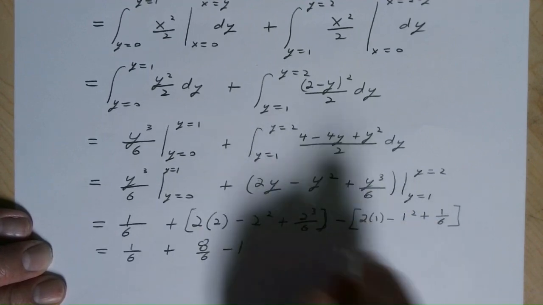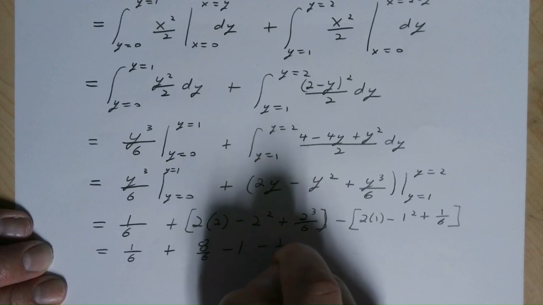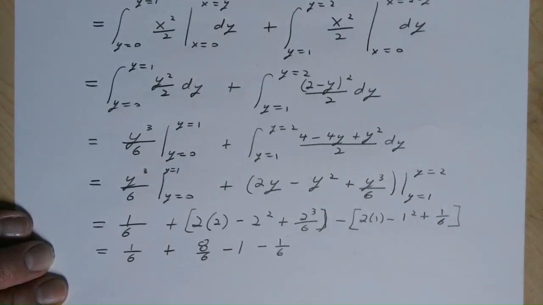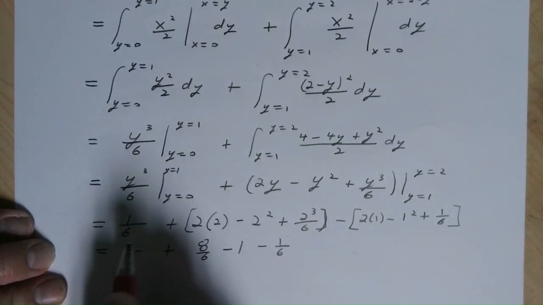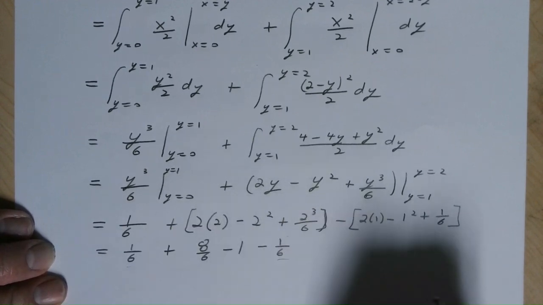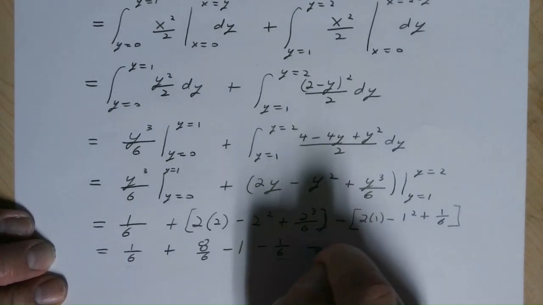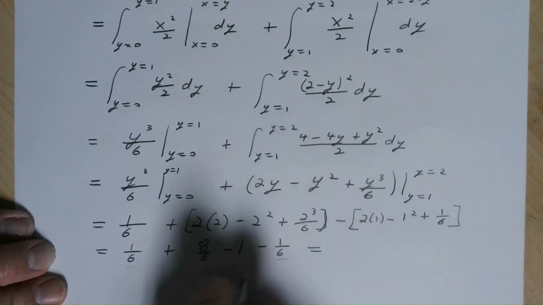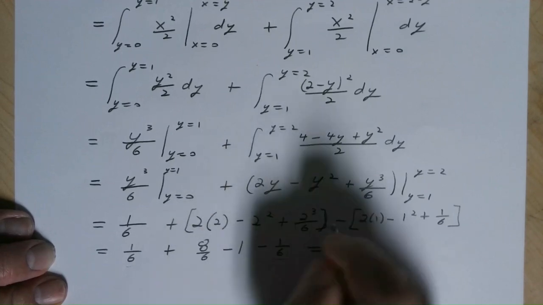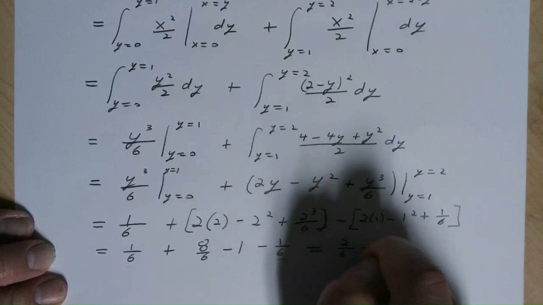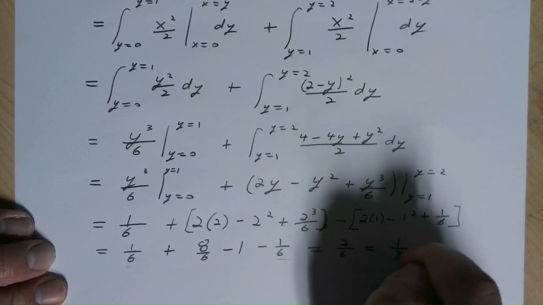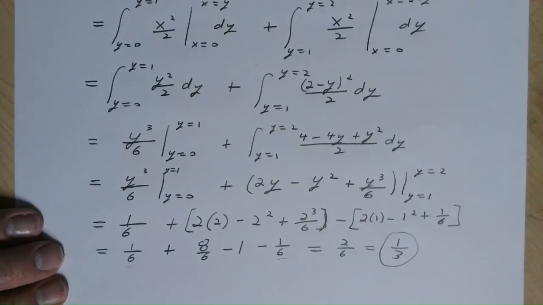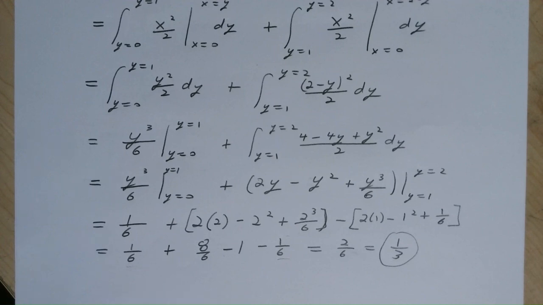And then minus a 6th, like this. And so the 1/6 are going to cancel. And that's going to leave us 8/6 minus 1, which is 2/6, which is 1/3. That's the same thing we got when we integrated with respect to y first.